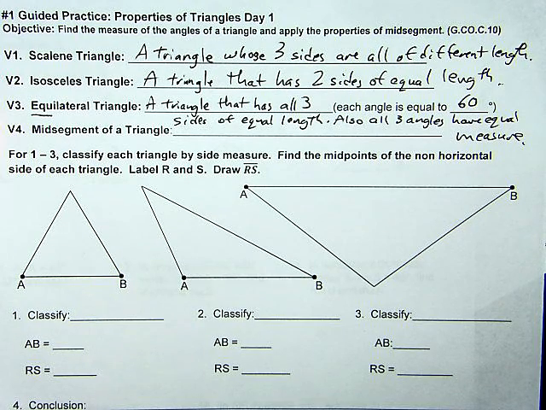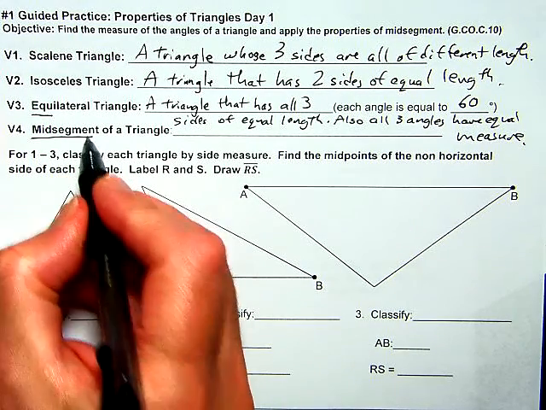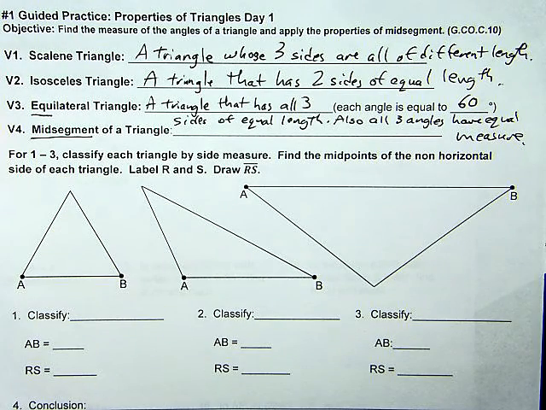And finally, we have another phrase that I would guess you haven't heard before, which is the midsegment of a triangle. We're going to talk a little bit about that today.